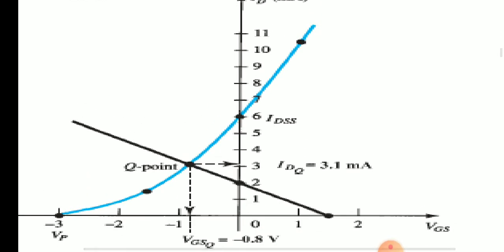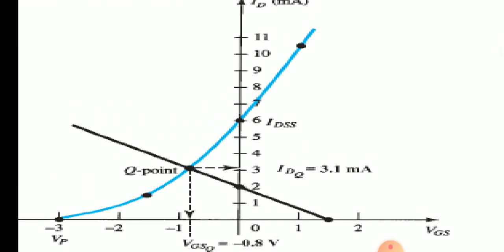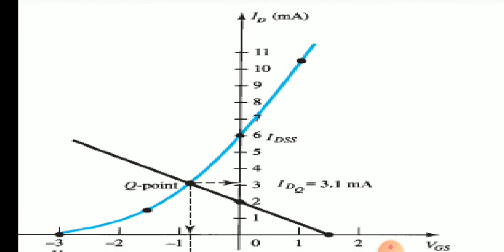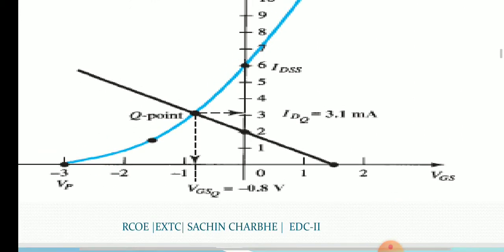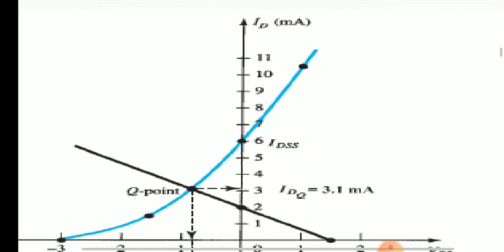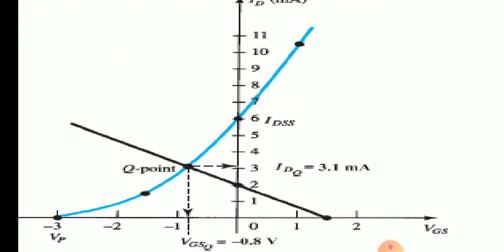Then for 0 volt, the drain current is IDSS, that is 6 milliampere. Then for 1 volt, we are getting 10.66 something milliampere, that is the drain current. So using the scale you have to draw the graph of VGS versus drain current, and here you can calculate the value of the quiescent point.